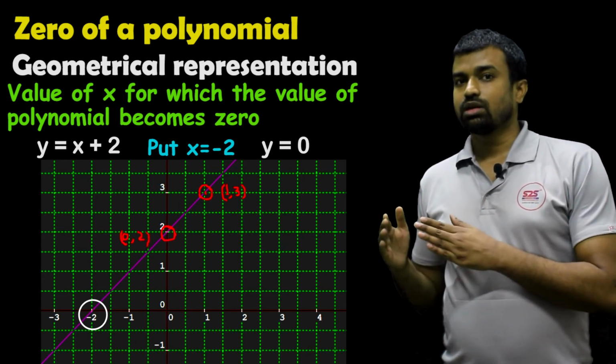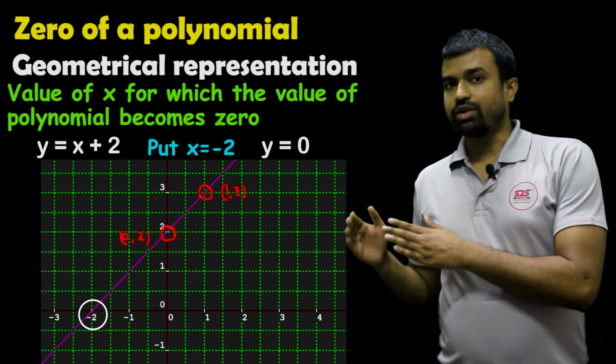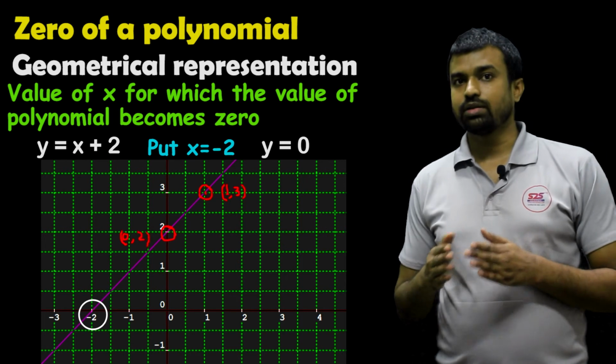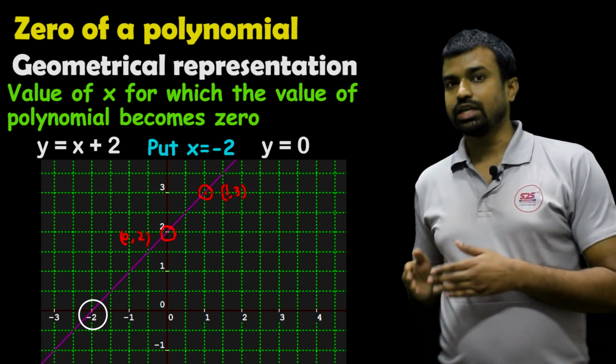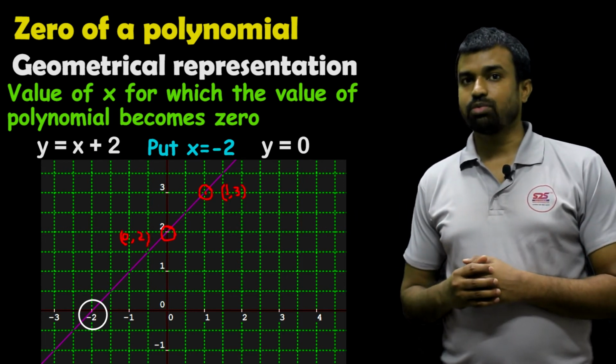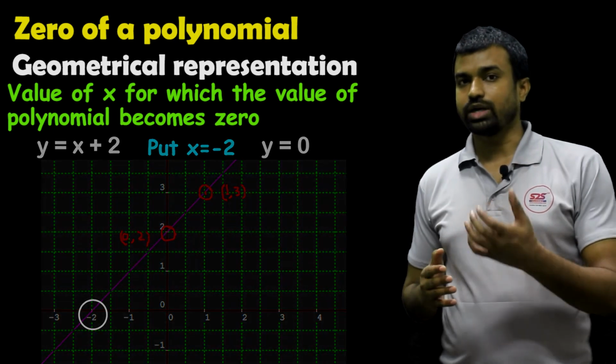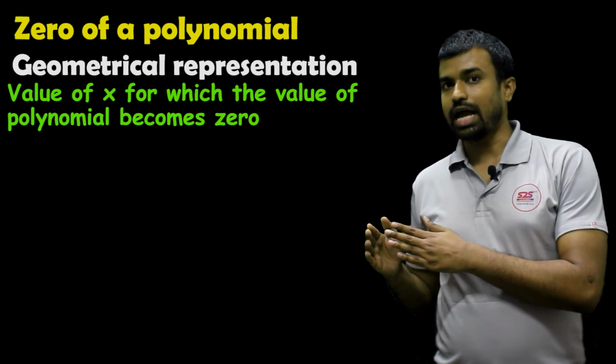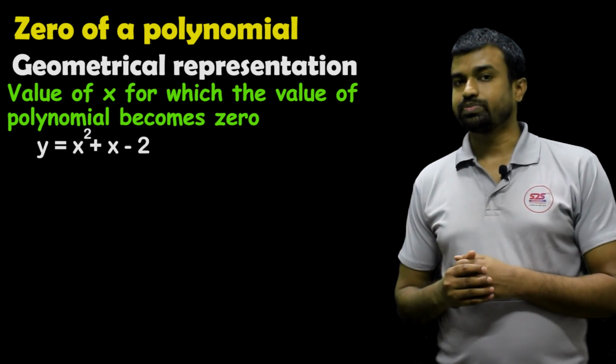So whenever there is a point which is a zero of any polynomial, the graph will be cutting the x-axis at that point. Let's take another example, a quadratic polynomial like we had taken earlier, that is x square plus x minus 2.